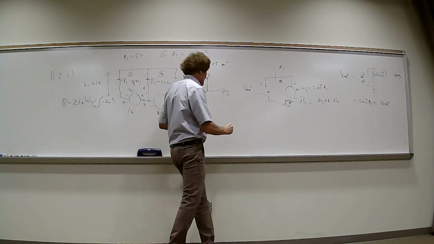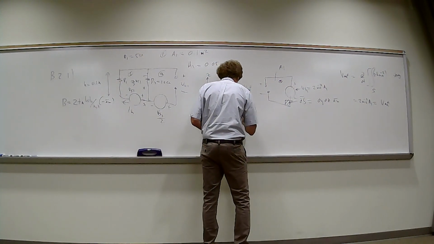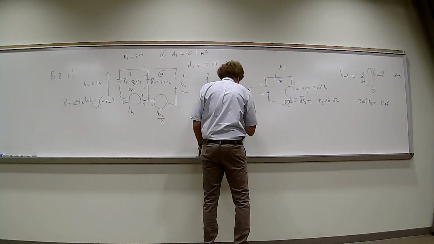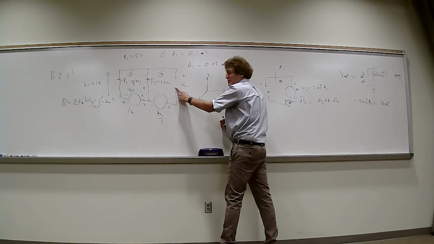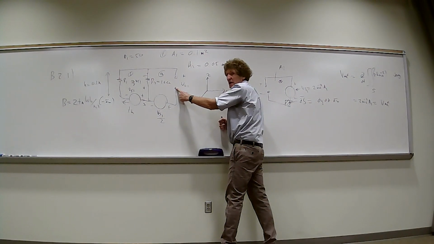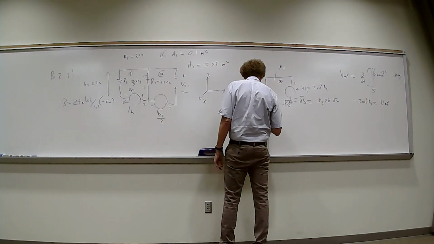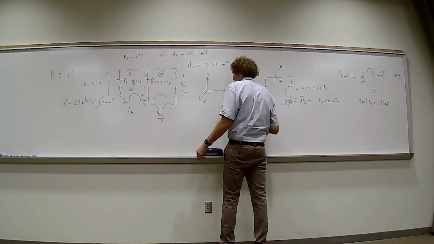So we can say that V open circuit right here. The way I do it, I start at the negative terminal. This is just the way I do it. Go down here, this is a voltage drop, so it's minus VS1 over 2.